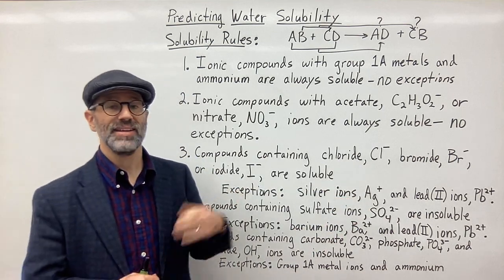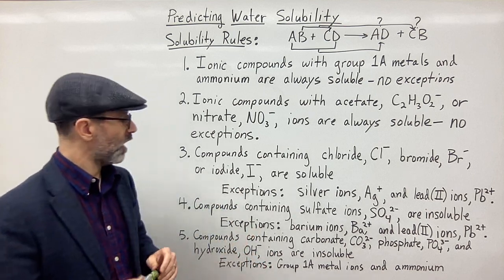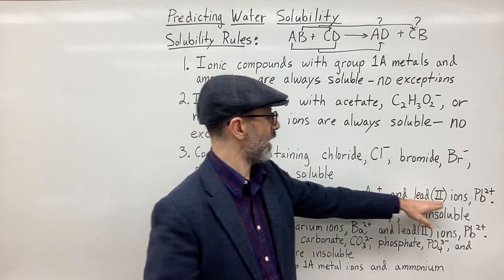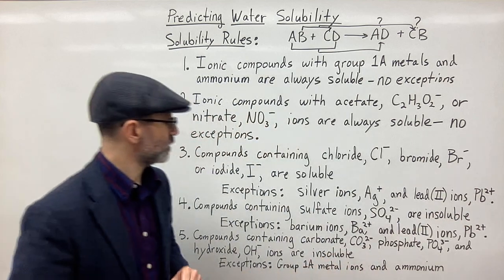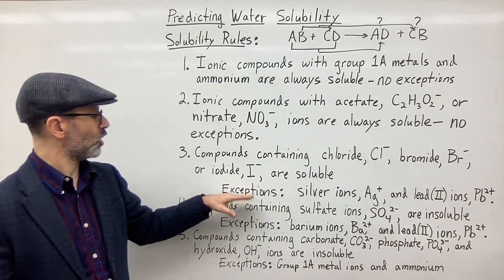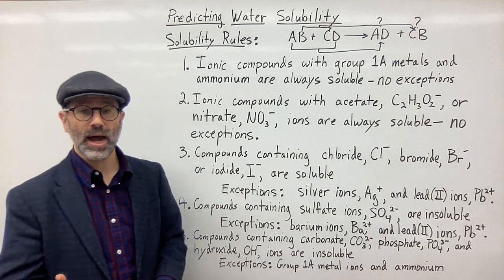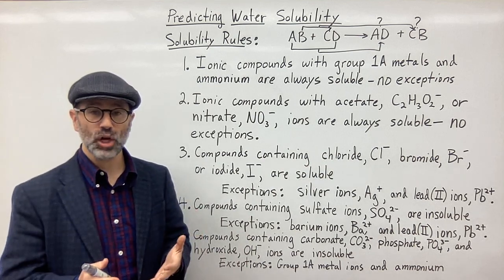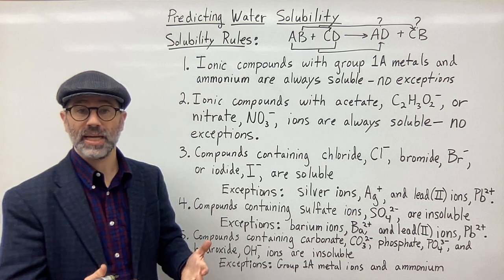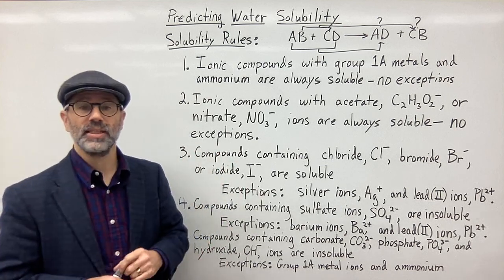Sodium iodide is going to be soluble. Same thing with the lead 2 ion, Pb2 plus. That is not going to be soluble with iodide or chloride. So if I have lead 2 chloride, that's going to be insoluble in water. That would form a precipitate if they were to come together.